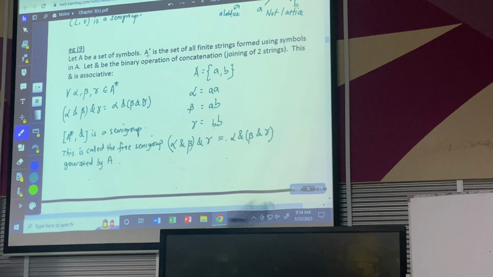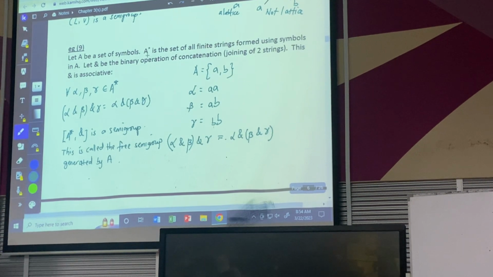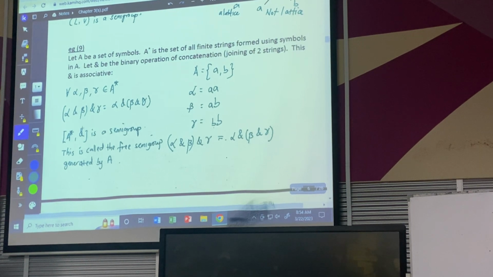The A as string is a set represent the string, and we take any three strings. If you do it using the joining of the string, then it will be associative. So this is a semigroup also.